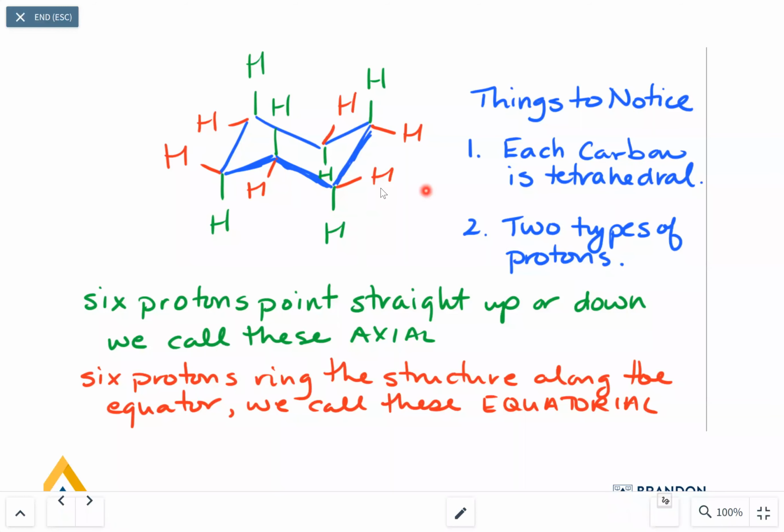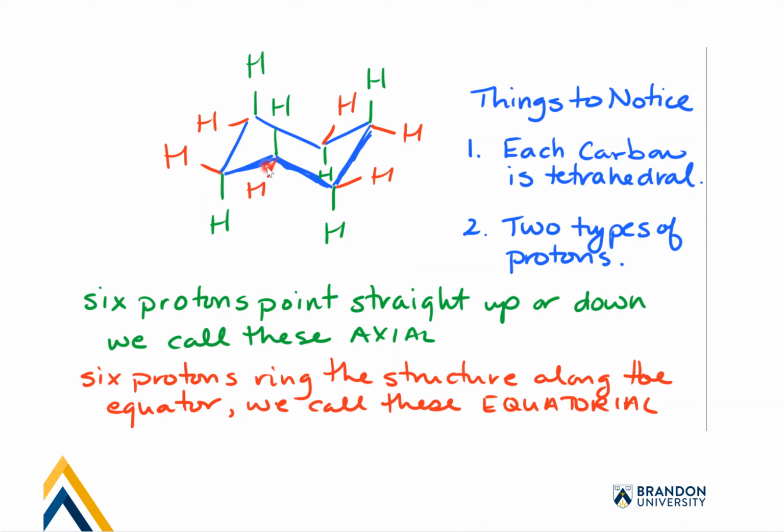Because all six of the carbons are tetrahedral, there's no strain really associated with any of these carbons. And cyclohexanes, like cyclopentanes, are quite common in nature because the carbons can adopt their natural tetrahedral geometry.